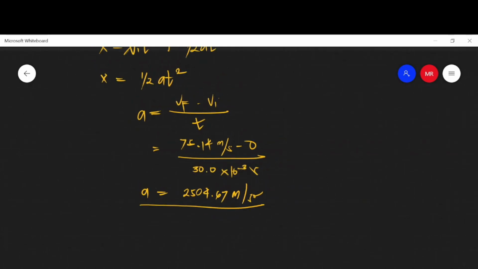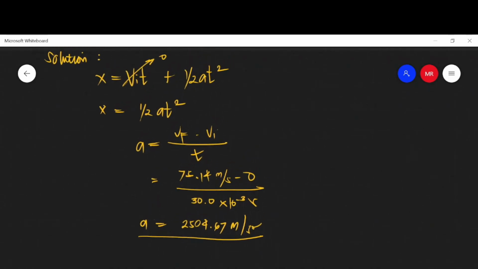Now let us find the distance traveled by the ball when the racket hit this tennis ball and gives it an acceleration of 2504.67 meters per second squared. So let us now substitute this acceleration into our equation. x is equal to 1/2 a t squared.